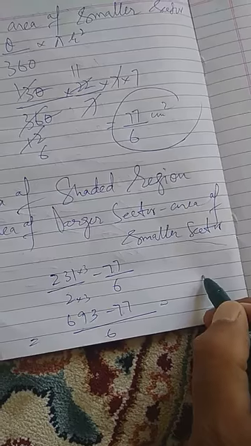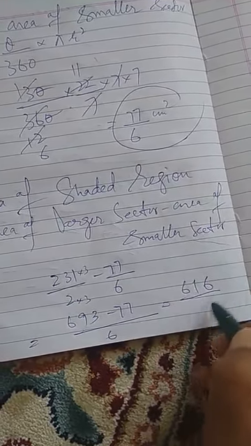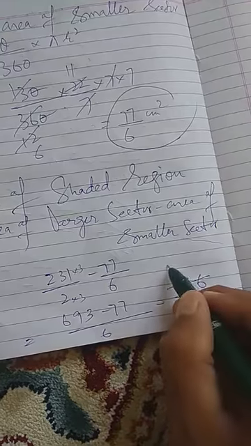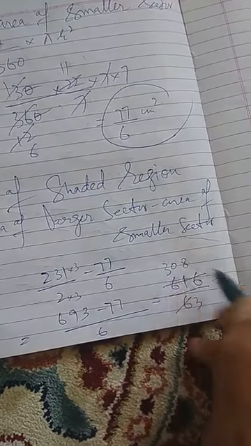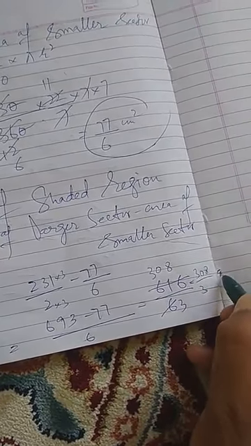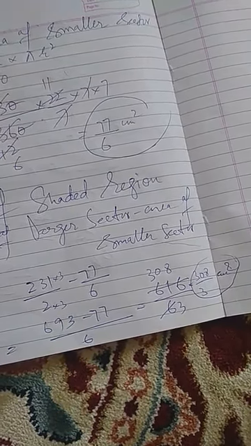Dividing by 2 both, 2 3s are 6, 2 8s are 16, that is 308 upon 3 square centimeter. This is the area of shaded region. This was question number 14.